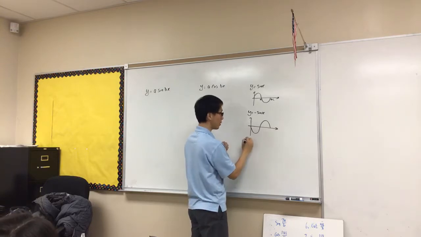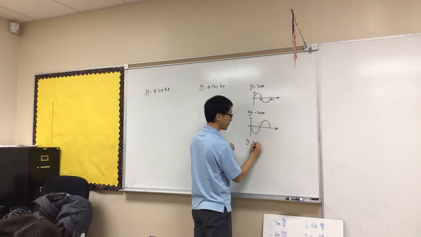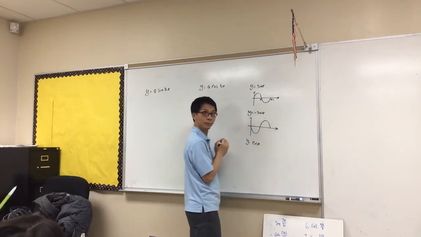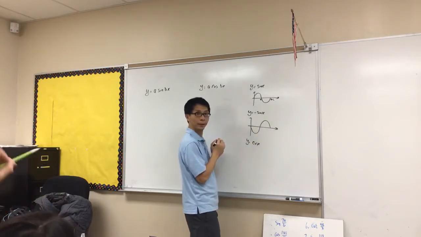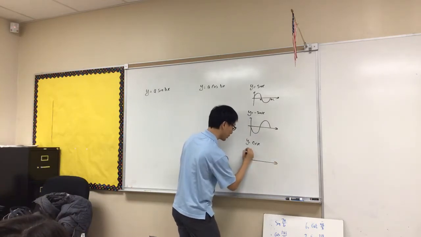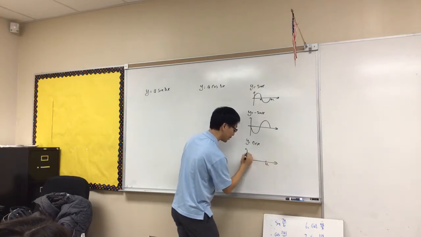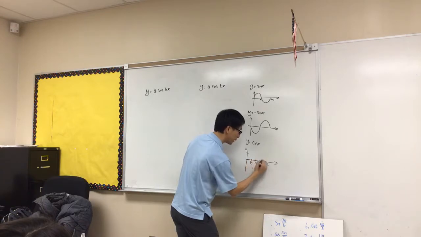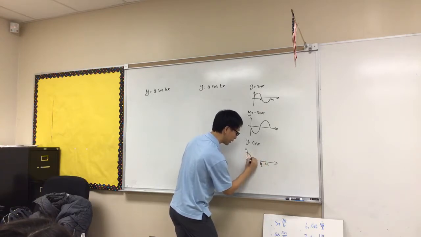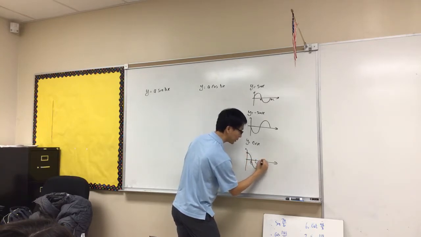Okay? How about y is equal to cosine of x? It starts where? Up here, at the top, so it's going to start at 1 and finish at 2 pi. Here's pi, here's pi over 2, and here's 3 pi over 2. So it's going to go down, go up, and come back up.